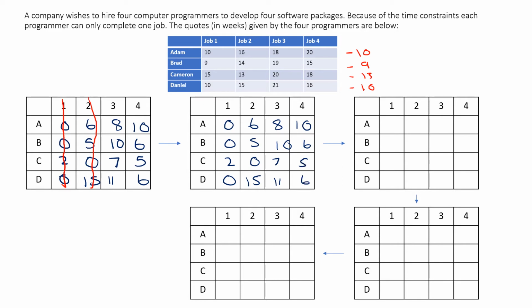Alright, so the next step, step 3, is to apply a column reduction. So in the first column, the smallest value that appears is 0. Same thing with the second column. In the third column, the smallest value is 7, and in the fourth, the smallest value is 5. So now we need to make those changes to each column.